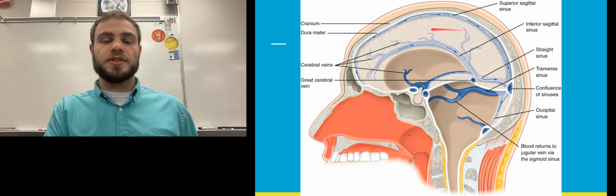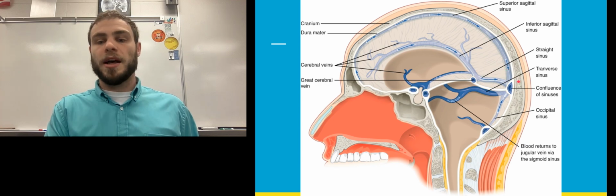So you can see here we have the superior sagittal sinus. There are nice arrows here pointing out the direction that this blood is flowing on its way back to the heart. Here's your confluence of sinuses, where you have the occipital sinus joining back, as well as the greater cerebral vein.